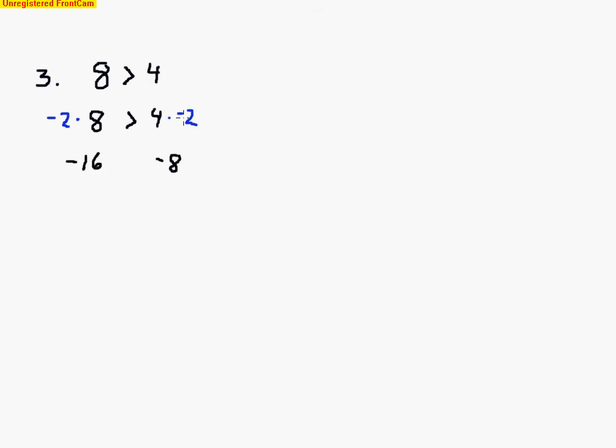Here we multiply the negative 2 by a smaller number, so it'll be negative, and 4 times 2 is 8, but it is bigger than negative 16. So we had to switch the inequality sign around.